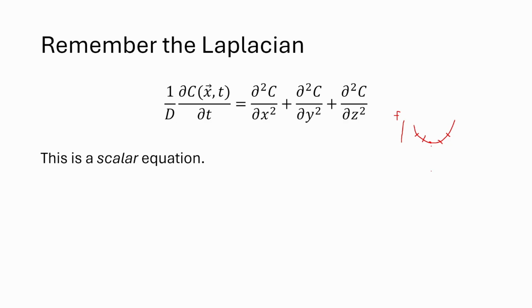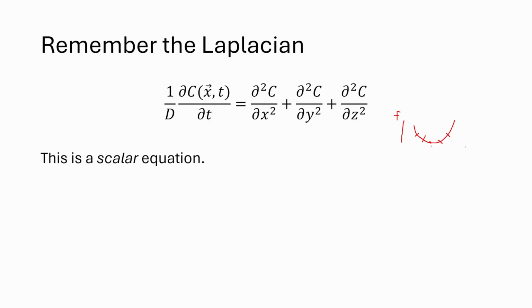So that means that the average value of the function nearby this point is greater than the value of the function at this point. This is really useful for understanding diffusion because what it's telling us is that concentration is going to flow from higher areas of concentration to lower areas of concentration as time passes.